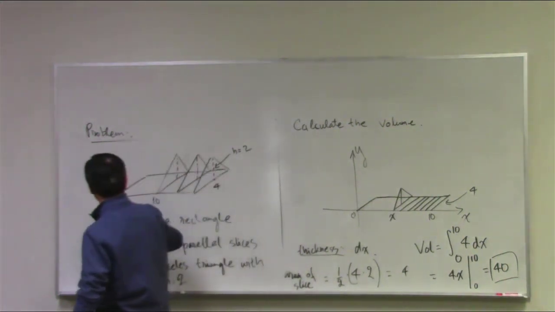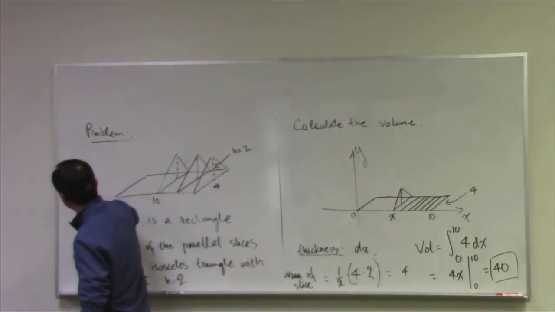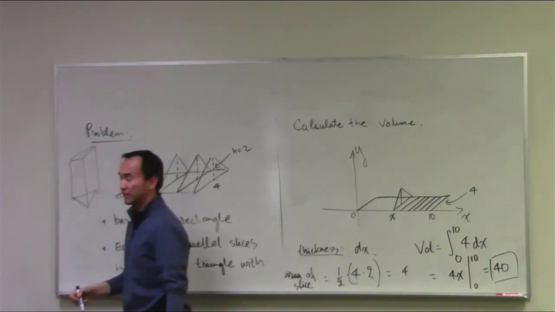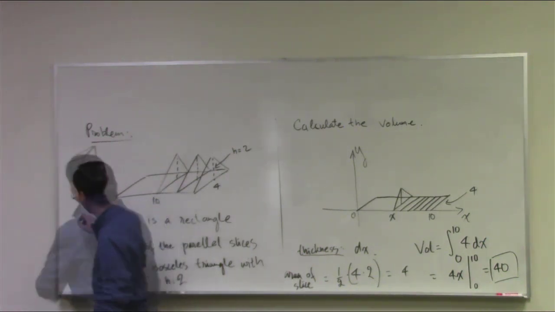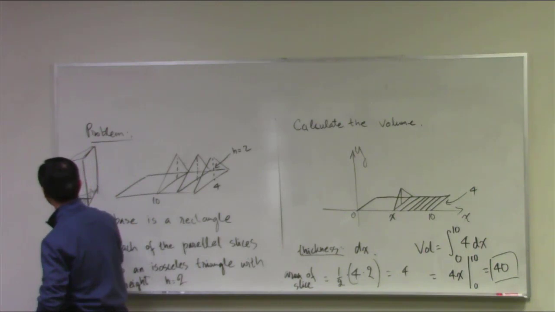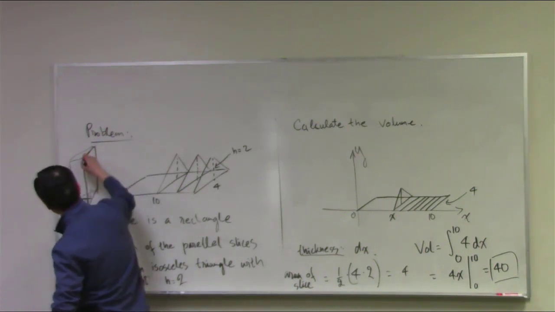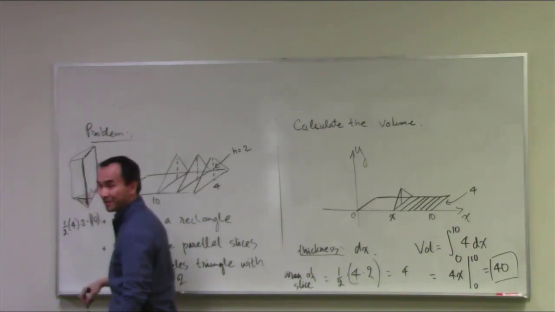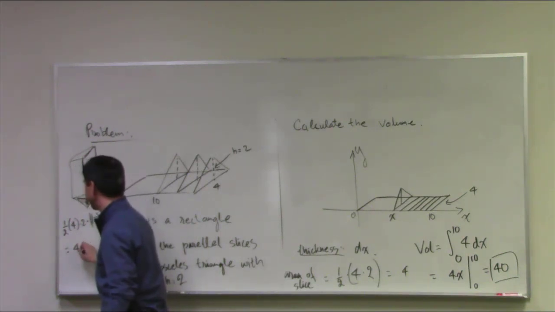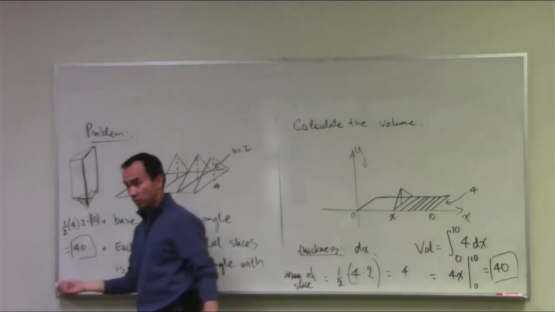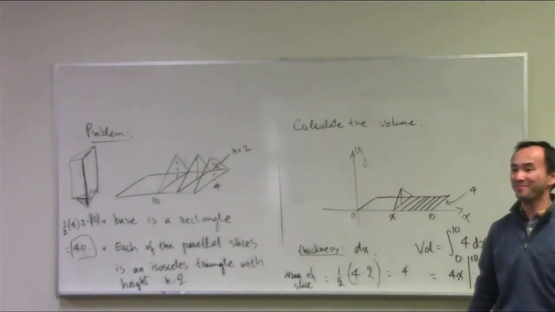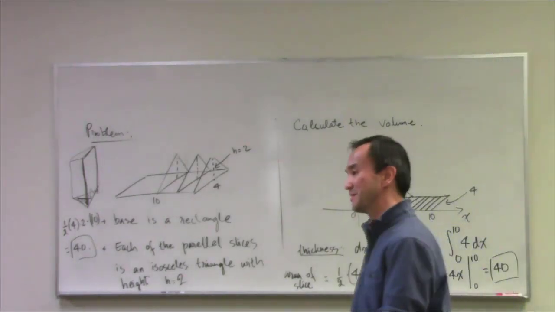So if you put it standing up like this, it's just the base area of one triangle, 1/2 times 4 times 2. All we do is multiply with the height, that height being 10. There you go, so all together it is 40. So we already had a way to check the answer, but this work here is using the calculus approach.